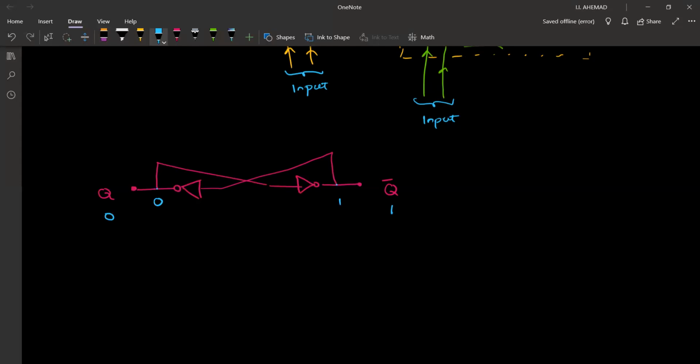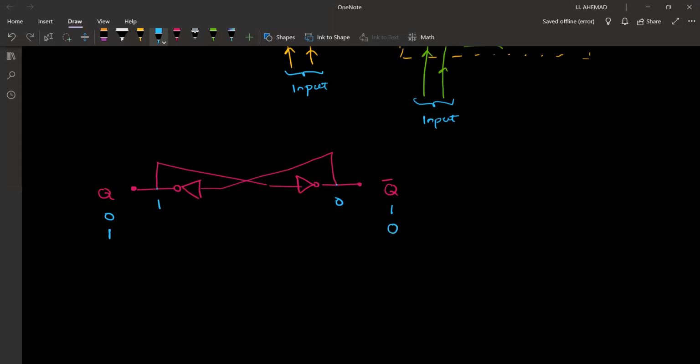Now, given a high input, I'll make this one 1. When I make this 1, this becomes 0. Again, this is 1. Therefore, when I give 1, this remains at 0.